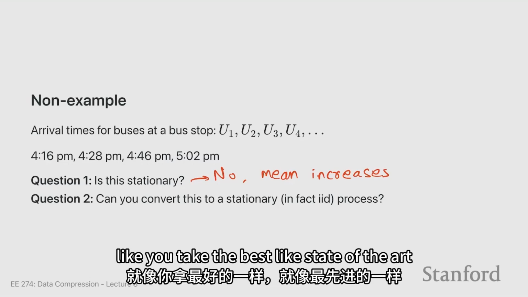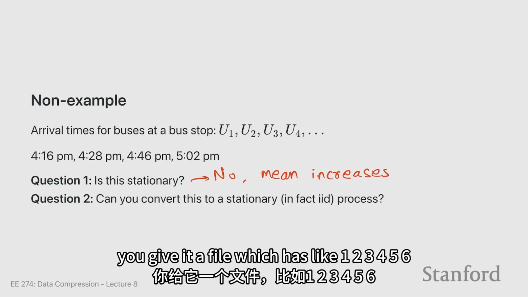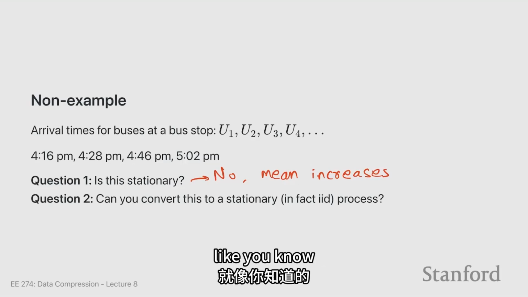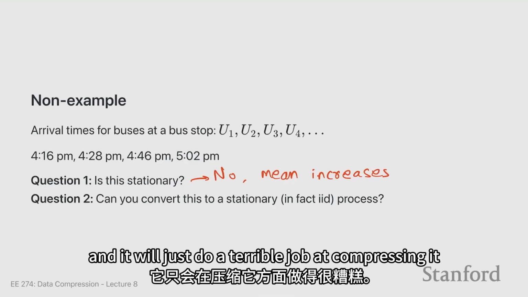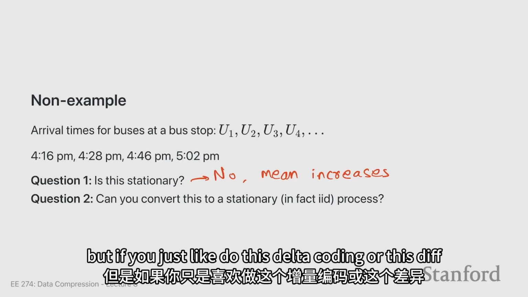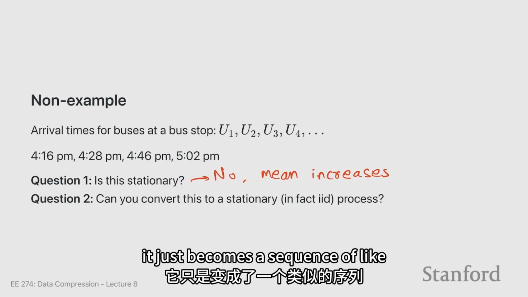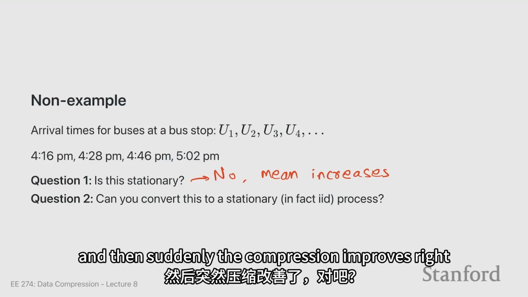You take the state-of-the-art compressors like Zstandard, and you give it a file which has 1, 2, 3, 4, 5, 6, just a sequence of numbers, which is trivial to predict. Knowing the previous one, you just do +1, and it will do a terrible job at compressing it. But if you do this delta coding, or this difference between the consecutive ones, it becomes a sequence of very similar looking values, and then suddenly the compression improves.